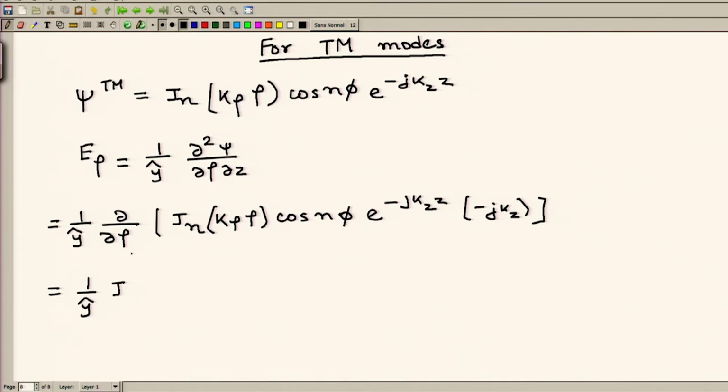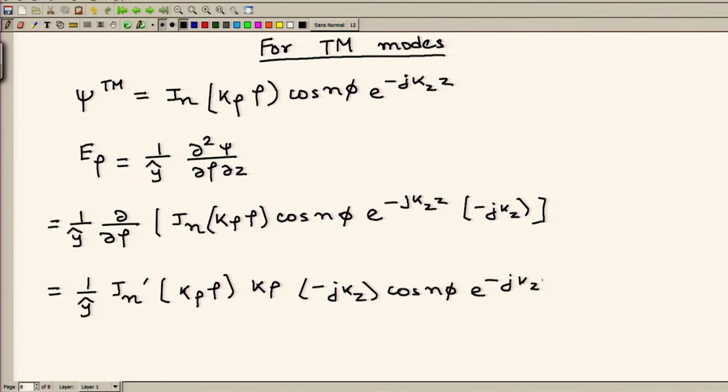Now, with respect to rho, it will be Jn prime k rho, minus j k z, cos n phi e to the power minus j k z z. So, this is E rho. Let us give this equation as equation number 1.